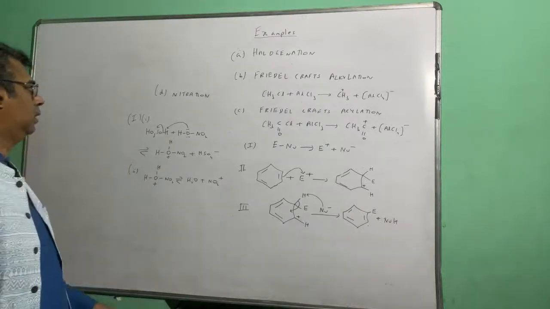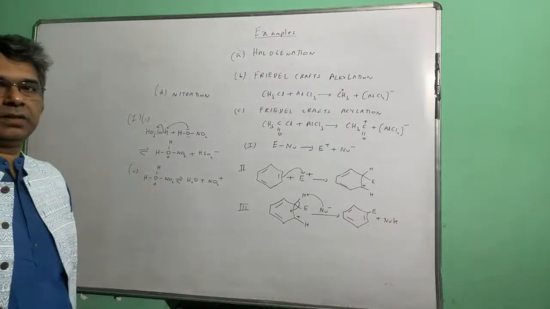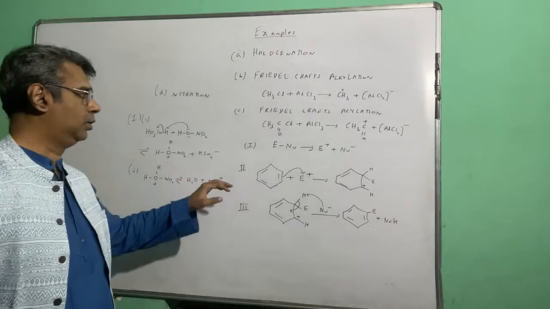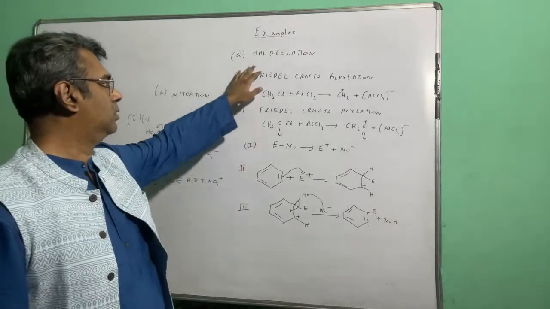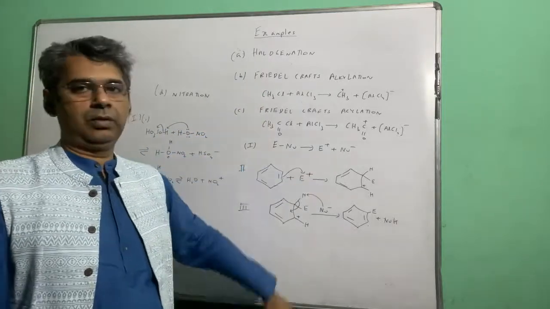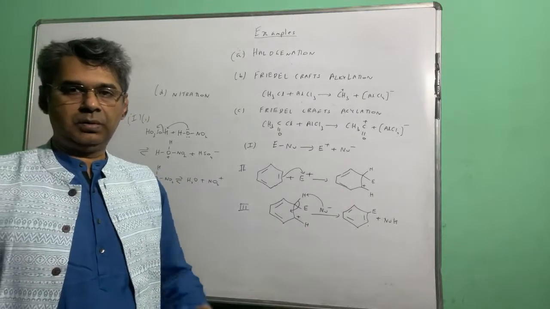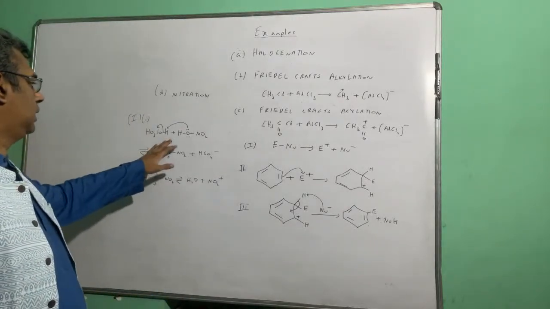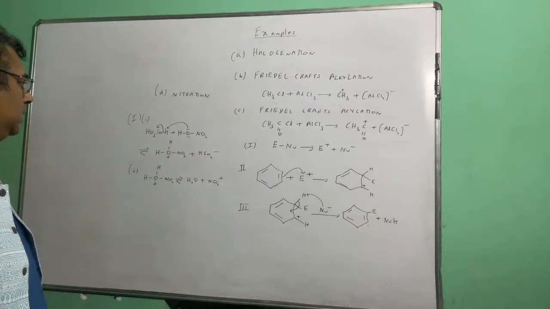Okay, now in nitration there is just one exception. In halogenation, Friedel-Crafts alkylation and Friedel-Crafts acylation, the electrophile is generated in the first step in one shot. In nitration, this is sulfuric acid and this is nitric acid.